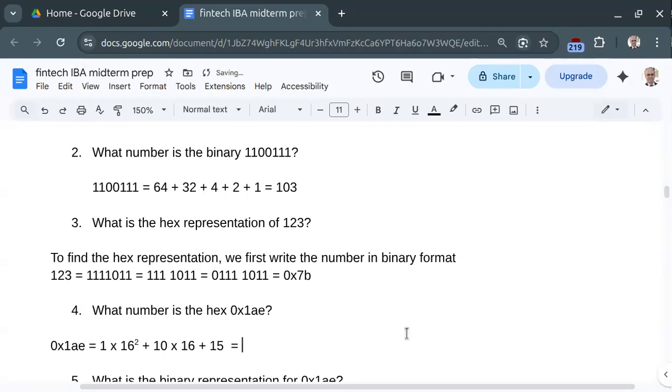So that's going to be equal to 1 times 16 squared, that's 256. That's the power of 2, that's why we know it. 10 times 16, that's 160, plus 15. And then I can use my calculator to add this 256 plus 160 plus 15. That's 431. So yeah, that's a 431.